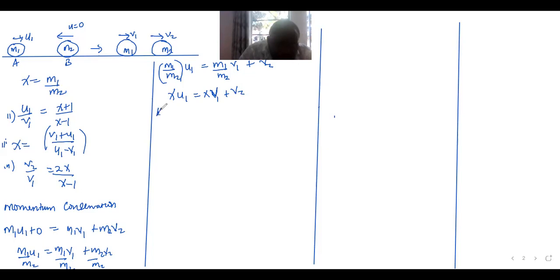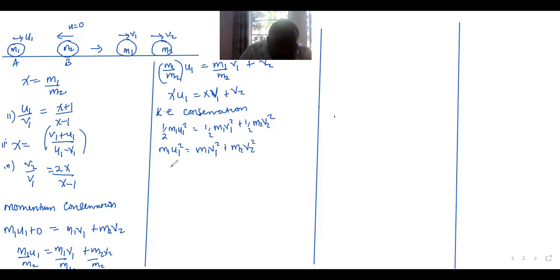So kinetic energy conservation will give us a half M1 U1 squared is equal to a half M1 V1 squared plus a half M2 V2 squared. When you lose the half, we attain M1 U1 squared is equal to M1 V1 squared plus M2 V2 squared.